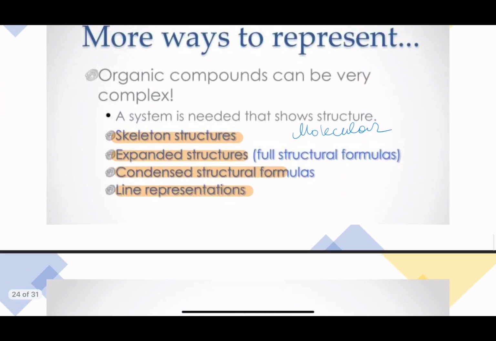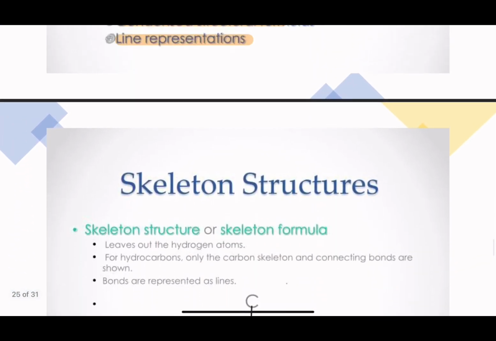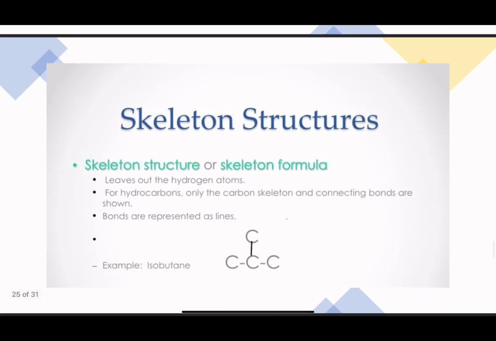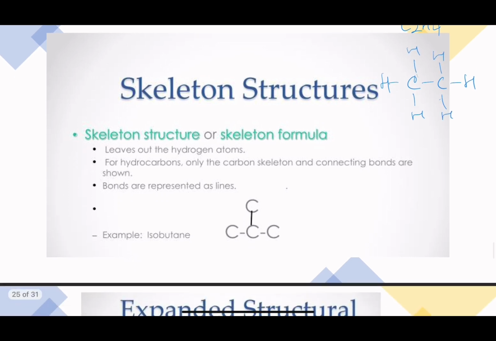So for example, let's do this guy, ethane. The molecular formula of ethane is C2H6. Expanded form is like this. This is expanded, but the skeleton form has only carbons written. So carbon and carbon. This is the skeleton formula.